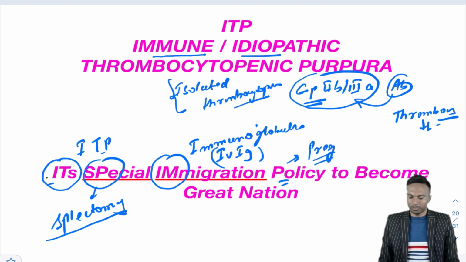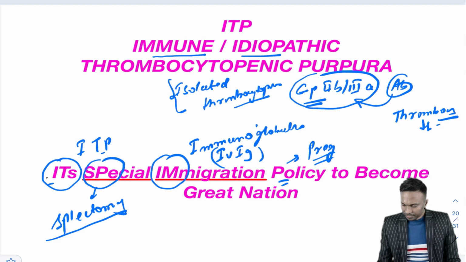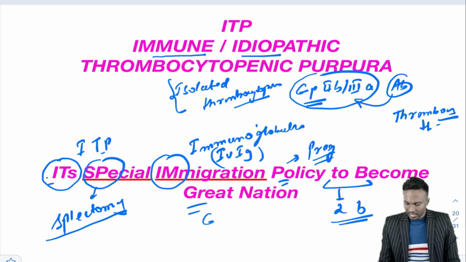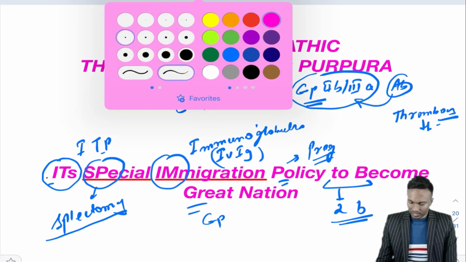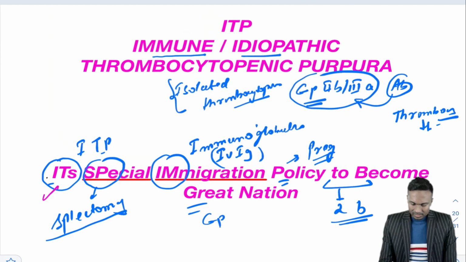Policy stands for prednisolone. To become can be written as 2B. And then great means glycoprotein. So there will be formation of antibodies against glycoprotein 2B. So now we can summarize this mnemonic. It means ITP. The mnemonic is including the question also. Special means splenectomy.